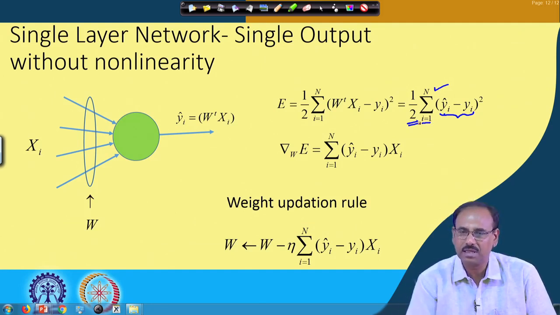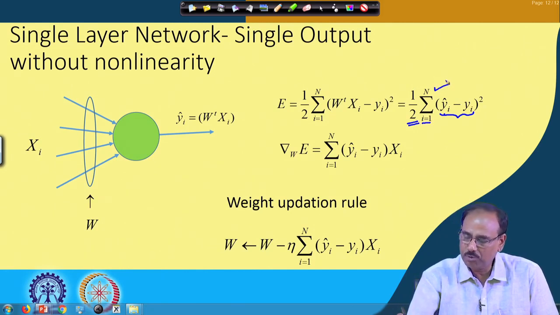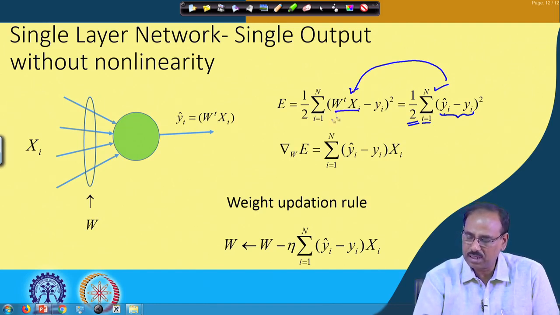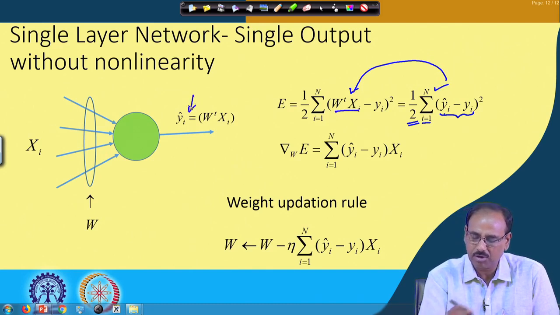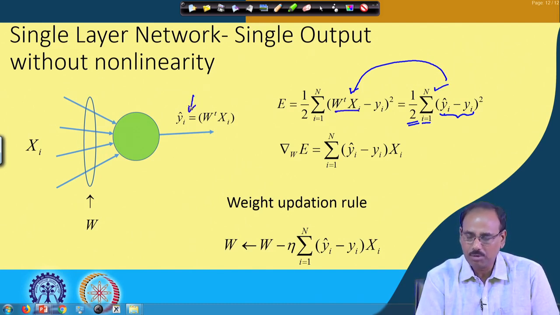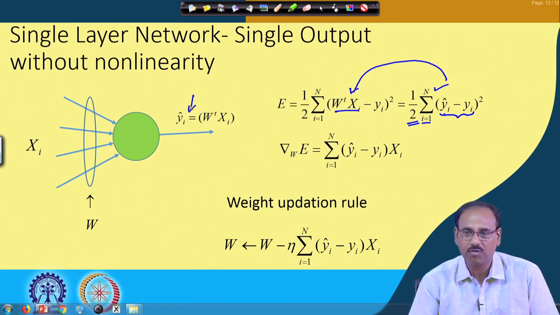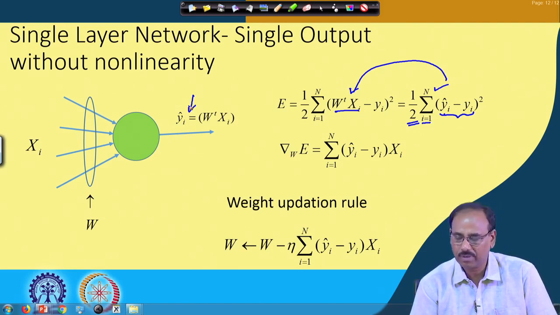So, that is the reason this half is put. In an elaborated form, this error function or loss function E is nothing but half of the sum of w transpose xi minus yi, squared. This w transpose xi is nothing but our y hat. We take the summation over i varying from 1 to N, that means you are summing the errors of all the training vectors that you have.